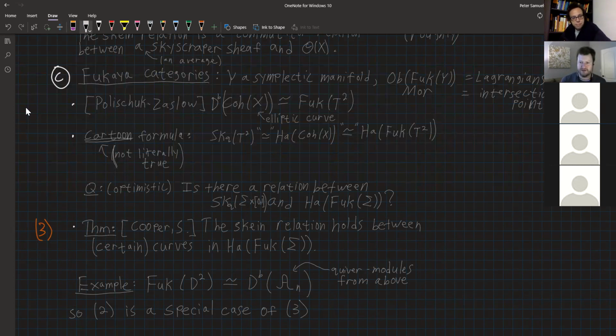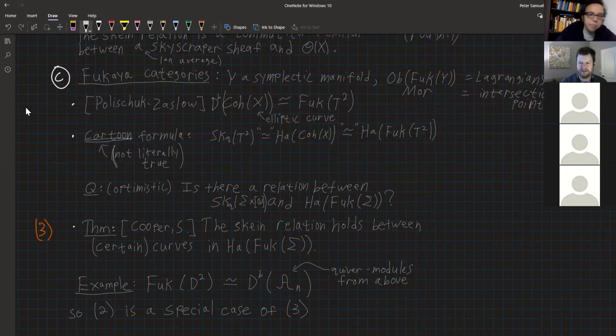So Ben and I showed some things, but in particular, we showed that the Skein relation holds between certain curves in this Hall algebra. This doesn't actually construct a map, but it shows that if there were a map, some relations that hold in the source also hold in the target.